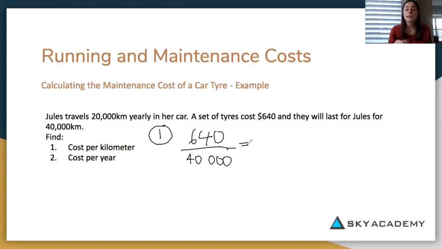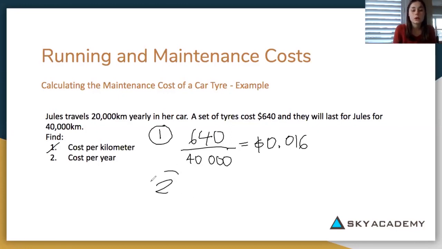So dividing the two, we'll figure out how much 1 kilometer is, and it comes to a total of 0.016. So that's how you figure out per kilometer. You get it down to 1. So 40,000 costs 640. You just got to think, how much will 1 cost?